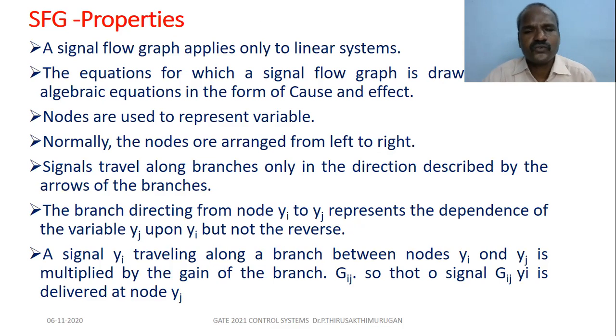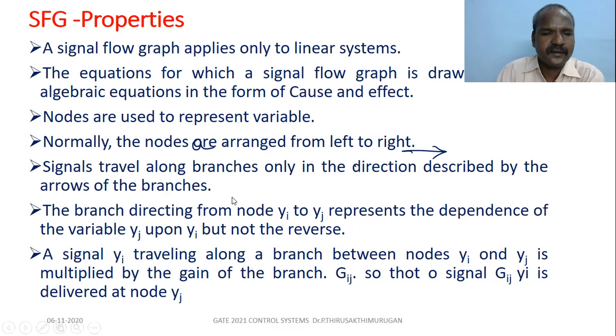Nodes are used to represent variables, like I1, I2, I3. Nodes are arranged normally from left to right. Feedback nodes go in the reverse direction.